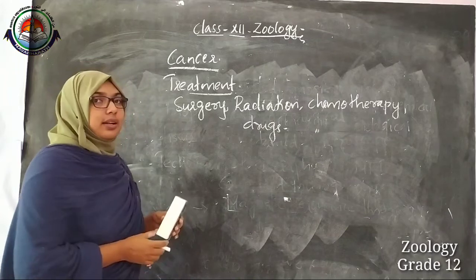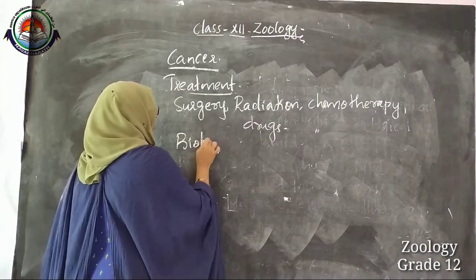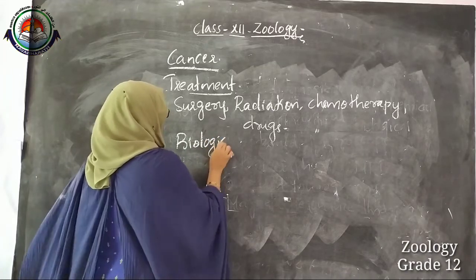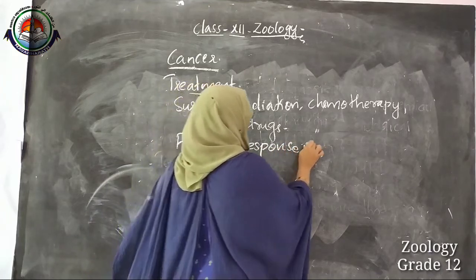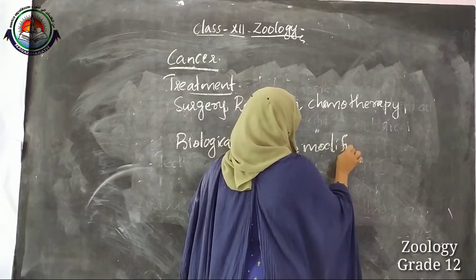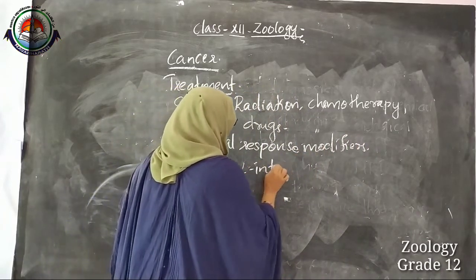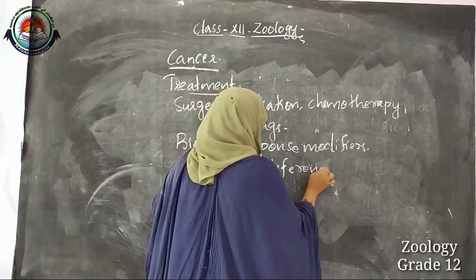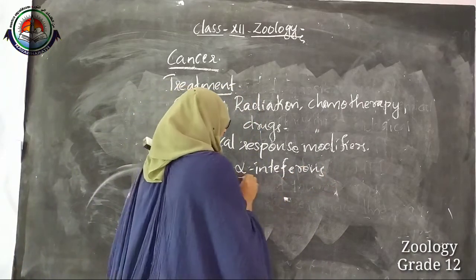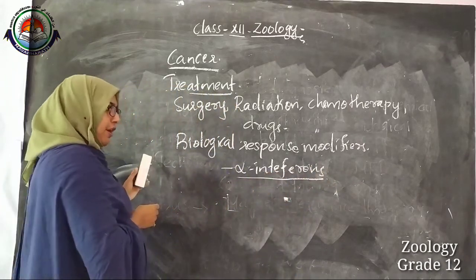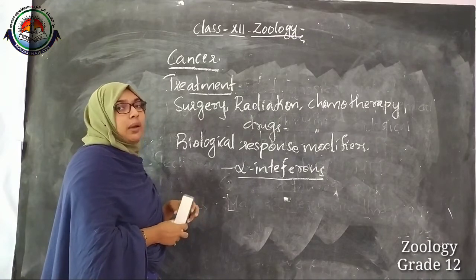So in some cases, some patients are given biological response modifiers, and they include alpha interferons. Typically, it is alpha interferons. They would boost up the immune system of that patient.